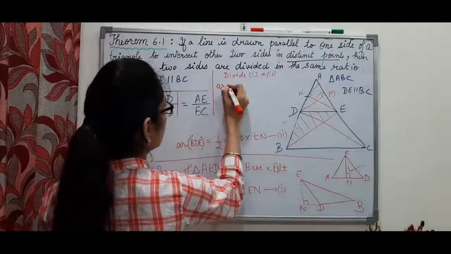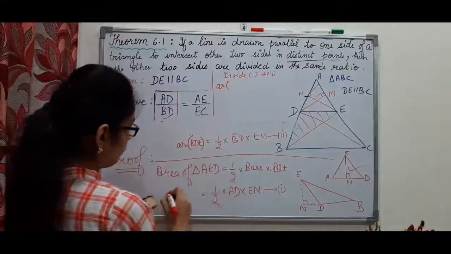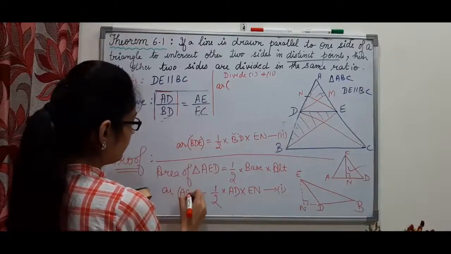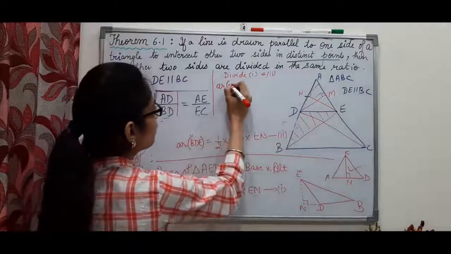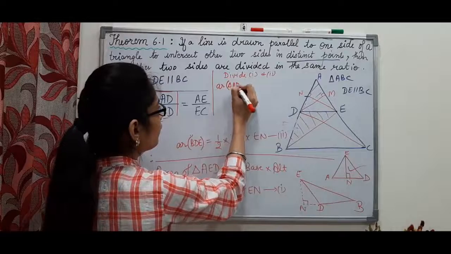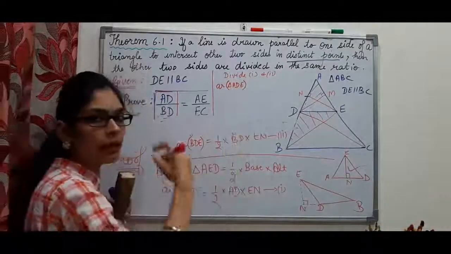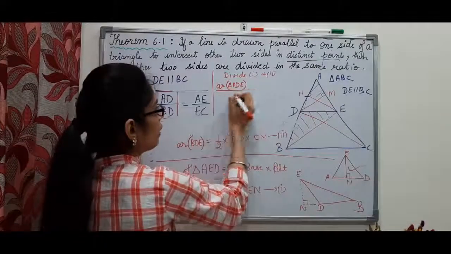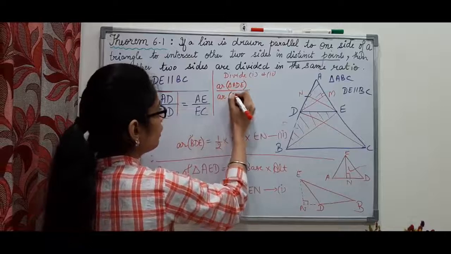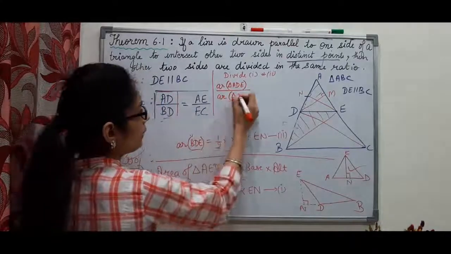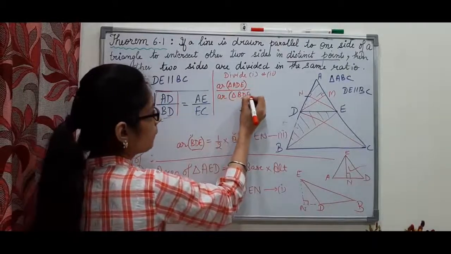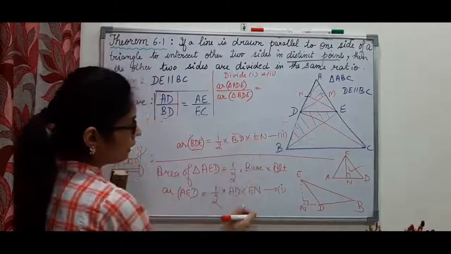So first by second I have to divide. So first one is area of AED. So I will write area of triangle ADE, left side things should be written on the left side, divided by area of triangle BDE is equal to all these values.